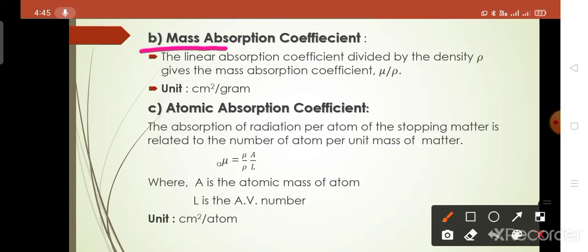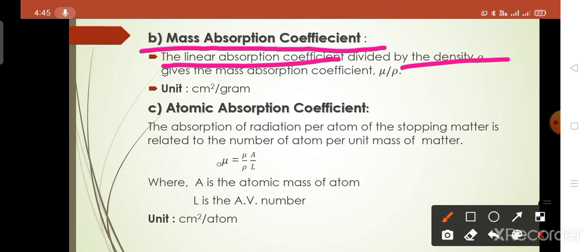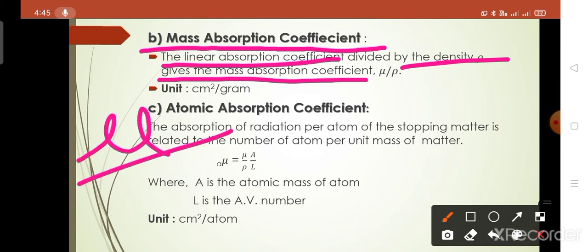Second one is the mass absorption coefficient. The linear absorption coefficient divided by the density rho gives the mass absorption coefficient. Linear absorption coefficient is denoted by symbol mu, and density is denoted by the symbol rho.